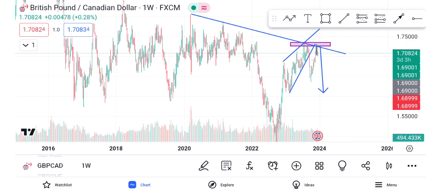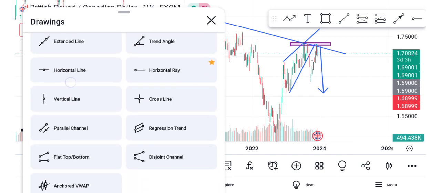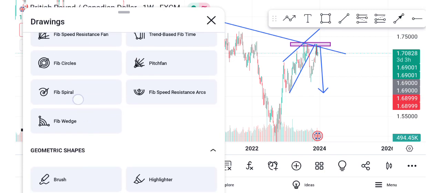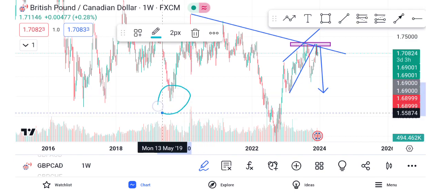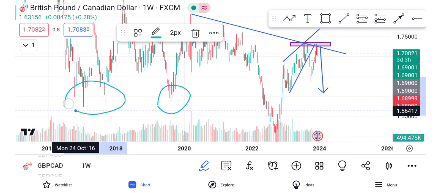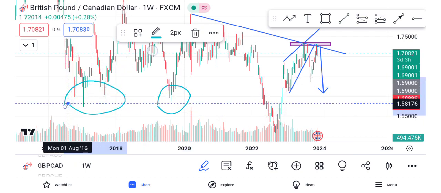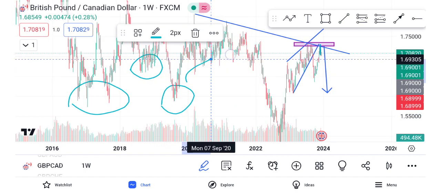So let's put out the strong point there, or the junction there. So let's spot it out now. As you can see, this first one here, another one here, another one here.